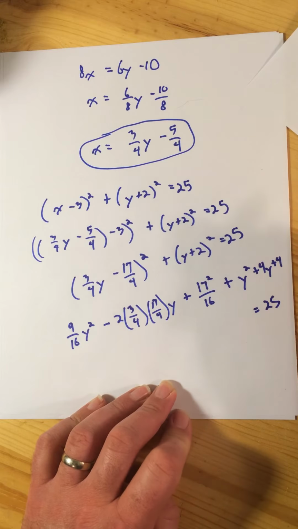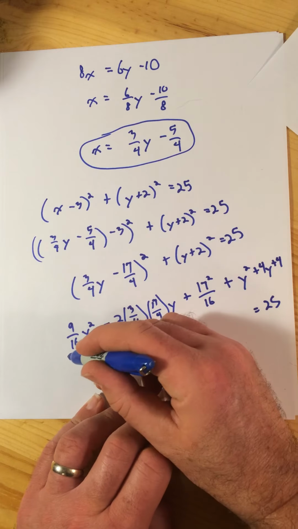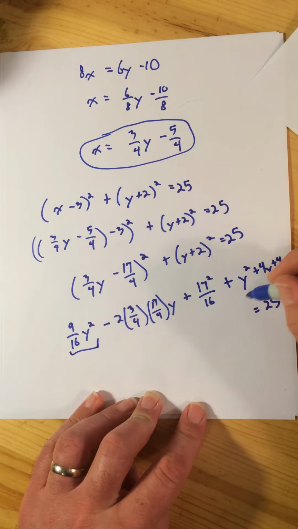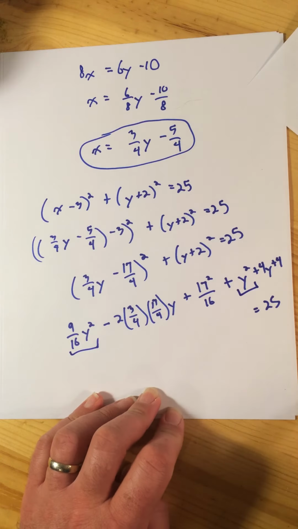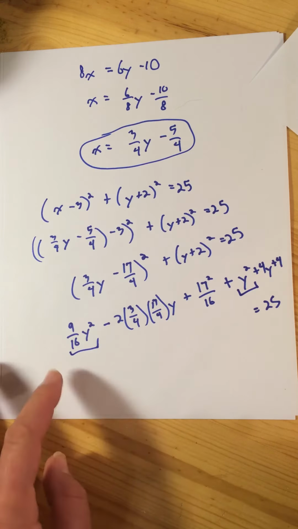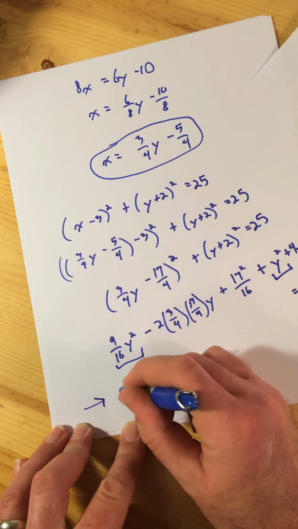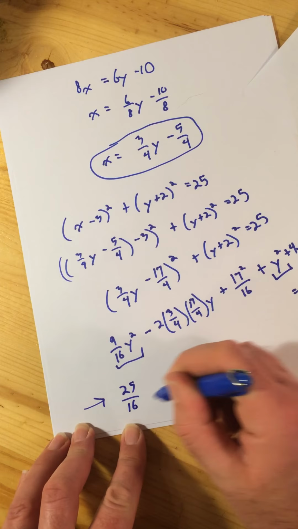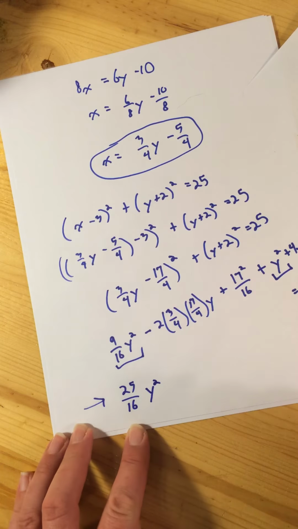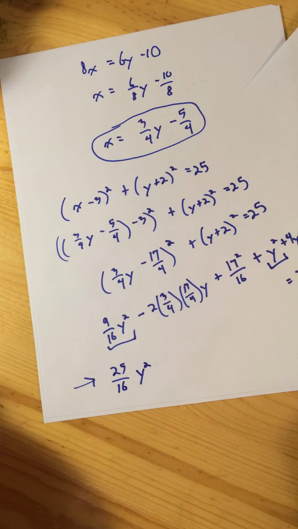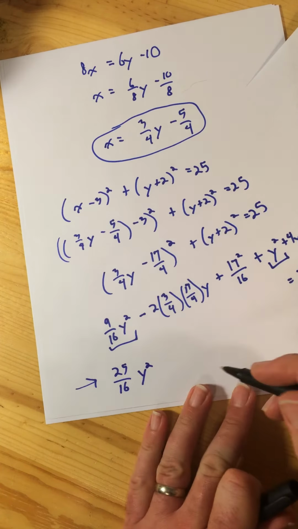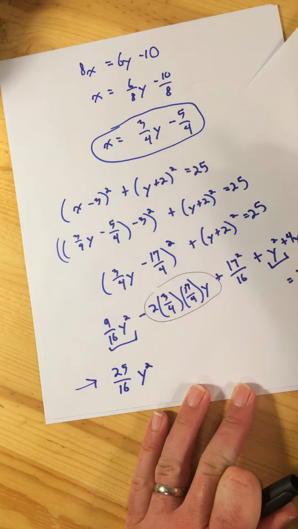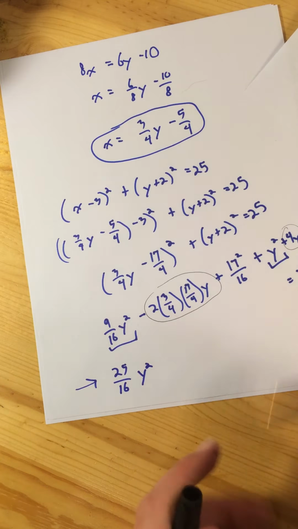Alright, if you look at my y squareds, I have 9/16 of them here, and I have one of them here. I believe 1 and 9/16 is 25 over 16. So 25 over 16 times y squared. If you look at my coefficients of y, I've got this number of them here, and I've also got this 4y here.